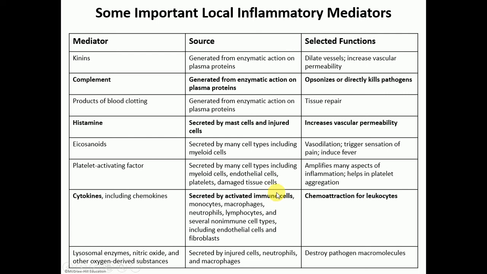Some white blood cells, when activated, make cytokines, and cytokines attract more leukocytes. They work kind of like paracrine hormones. These are the ones we want to focus on. You can go ahead and read through the other mediators.